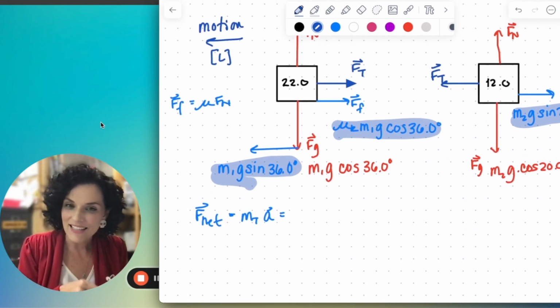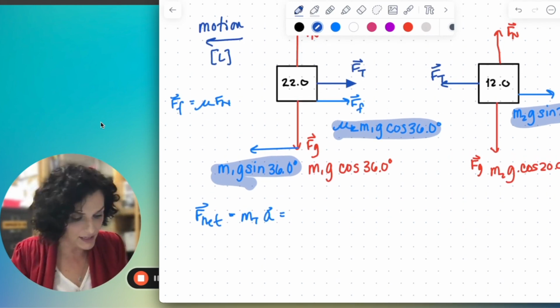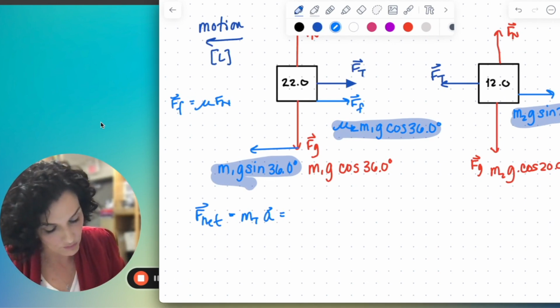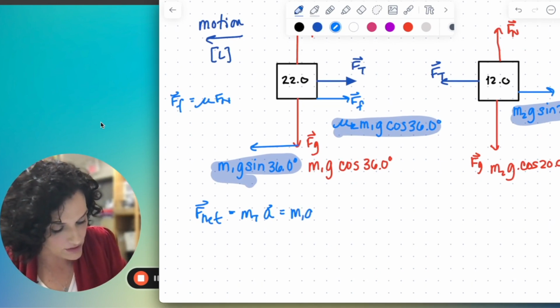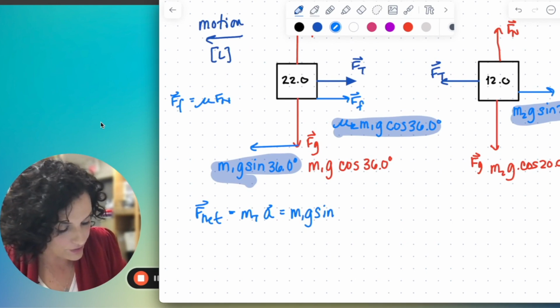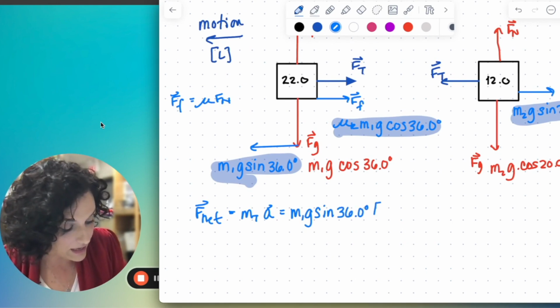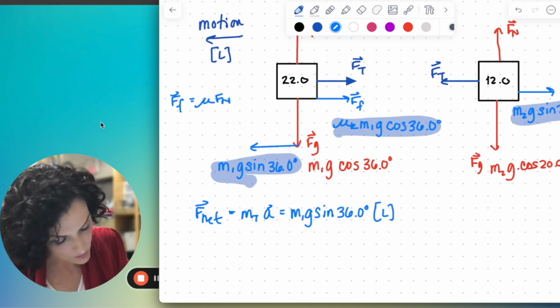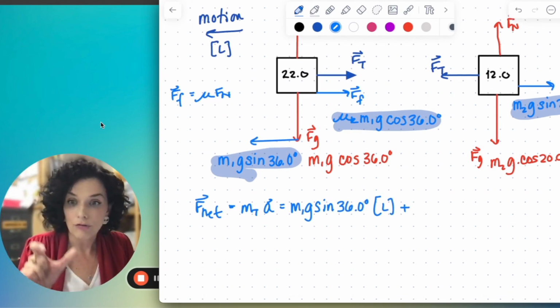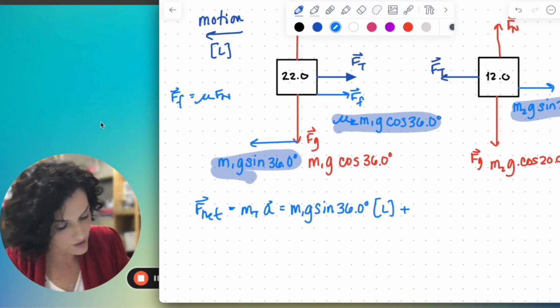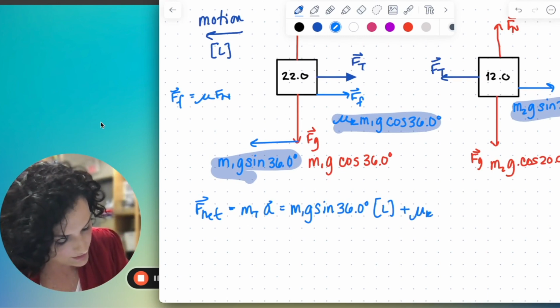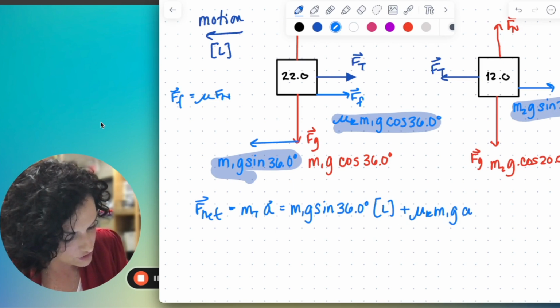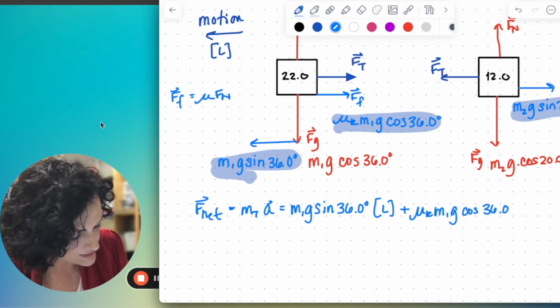So my total mass times my acceleration is going to be my M1G sine 36 degrees. That is moving towards the left, plus my force of friction component here, which is my mu K M1G cosine 36 degrees.